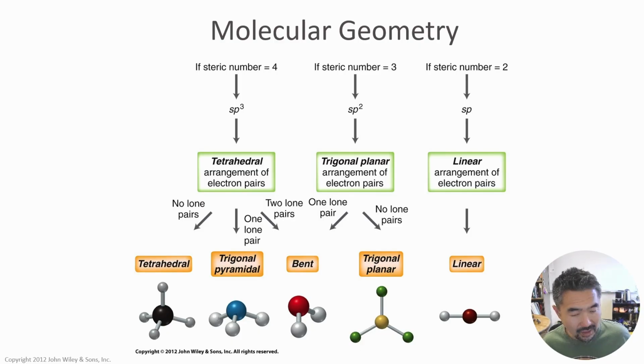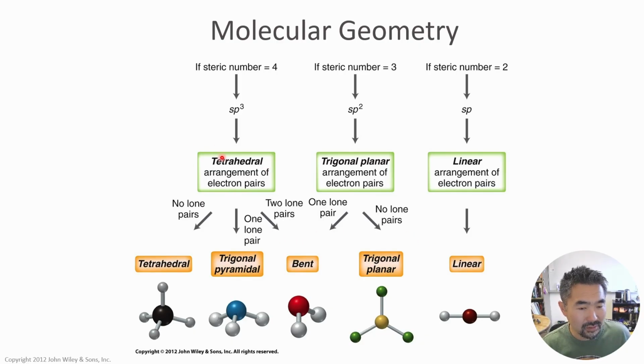And all that hybridization is important because that explains the geometry or the shape of the molecule, right? Hopefully you remember a diagram like this from Gen Chem. You might not have used the exact same terminology, but in some Gen Chem classes we would say that you look at the steric number. That's just another way of saying how many things does a central atom have, counting lone pairs as well as attached atoms, right?